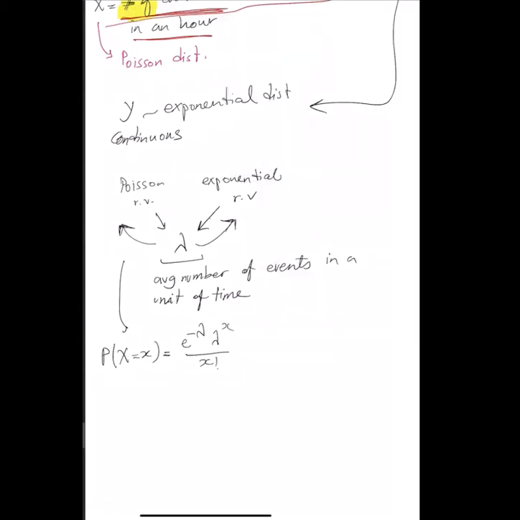For the corresponding exponential, the probability that the time till the next customer enters the bank is less than some specific value y is the integral from 0 to y of lambda e to the power of minus lambda y dy. So it's the same lambda that is used in both.